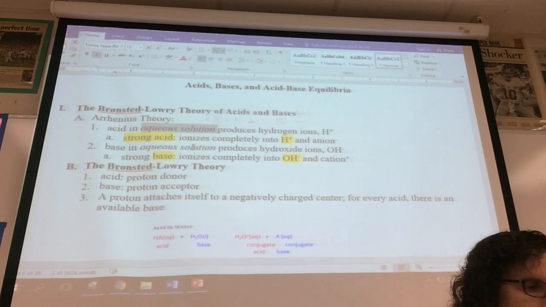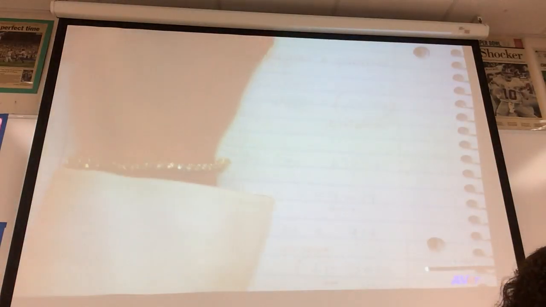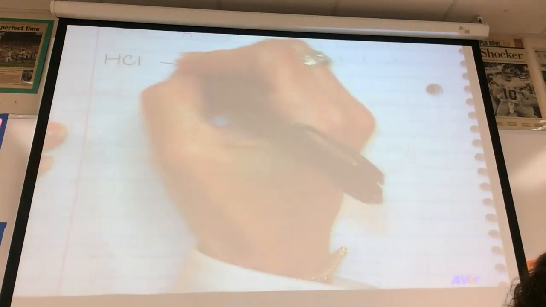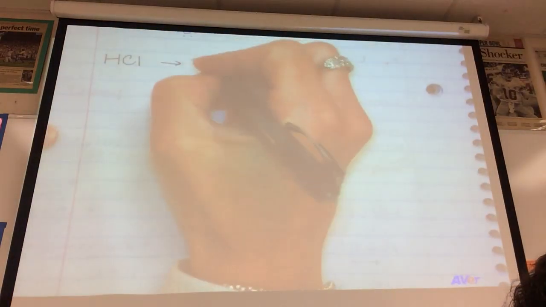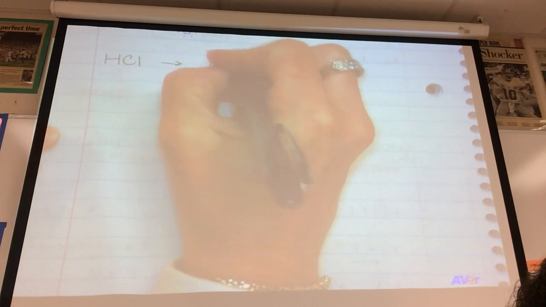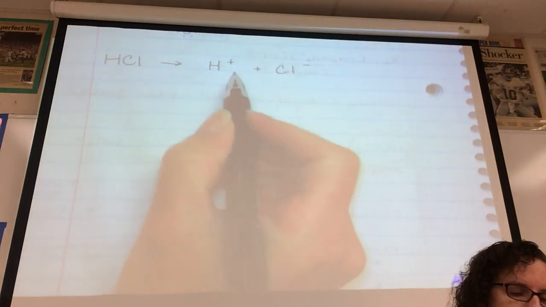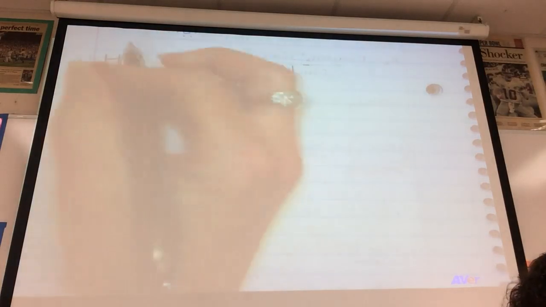For example, a strong acid such as hydrochloric acid: you had initially said to me that strong acids ionize completely. That means that HCl doesn't stay together as a molecular unit, but rather ionizes completely into proton and chloride ion.